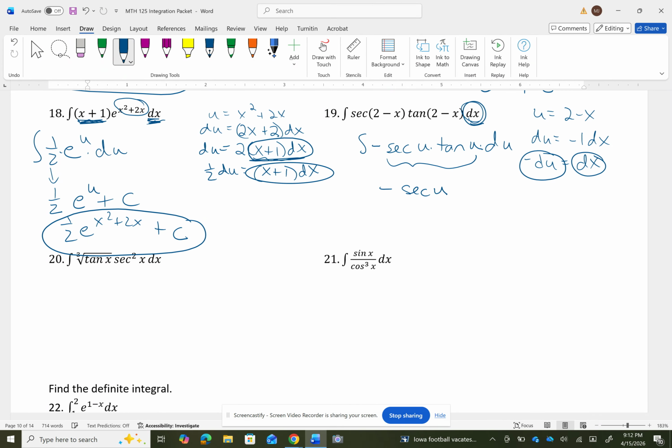But I need to bring the constant along. Need to throw a plus c on there. And I need to get the x's back in. So I'm going to replace the u. The u was equal to 2 minus x. So I'm going to put the 2 minus x back in with a plus c. And that's it. Okay.